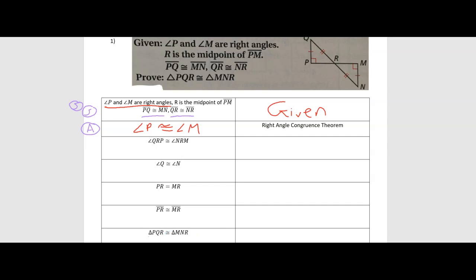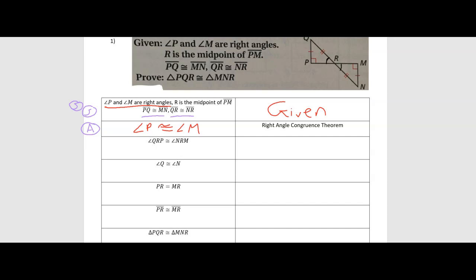All right, let's look at the next statement. It says angle QRP is congruent to angle NRM. Well, we need a reason for why they're congruent, and it may help if we label those on the diagram so that we can see their positioning, and maybe that'll help us recognize a relationship between them. So QRP and NRM, so those 2 angles right there.